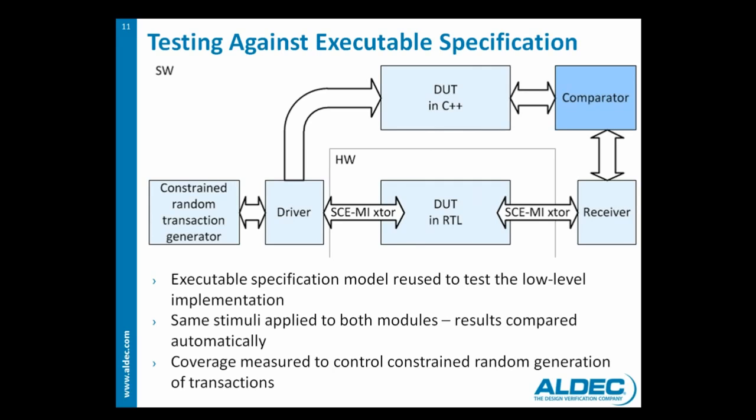So what you do is you drive the same stimulus to both the executable specification and the DUT using a SCE-MI transactor, and you give the outputs to a comparator which will compare both results, and you can verify the functionality on the fly.